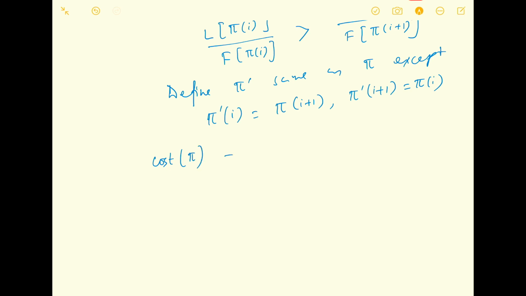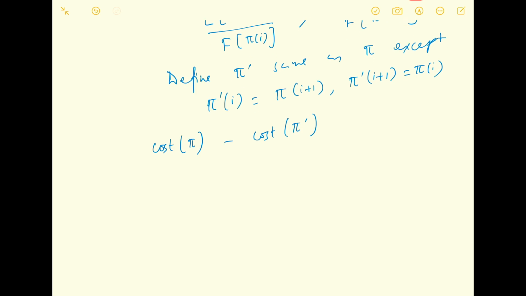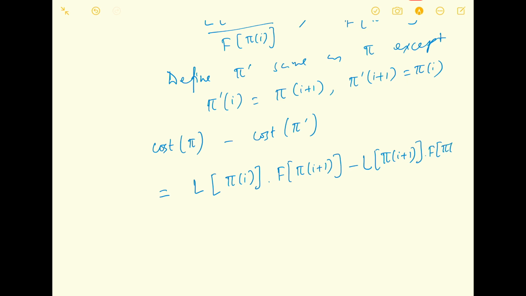And then again let's see the cost of pi minus the cost of pi prime. Like before, all the other terms get cancelled, and what you can show is that this is equal to L of pi i times f of pi i plus 1, minus L of pi i plus 1 times f of pi i.